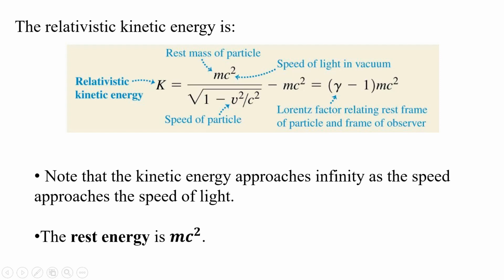The square root of 0 is 0, and mc squared divided by 0 is infinite. We define mc squared as the rest energy. So we have (gamma minus 1) multiplied by the rest energy, which is equal to mc squared.